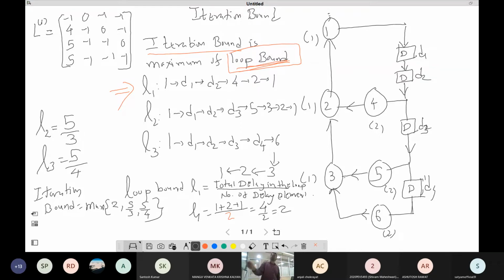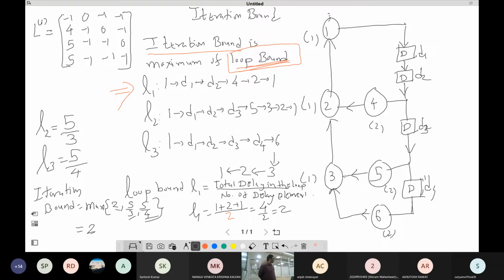Iteration bound is the maximum of loop bound. Loop bound L1 is 2, L2 is 5 by 3, and L3 is 5 by 4. So the iteration bound of this particular graph is 2. Yes? Okay.